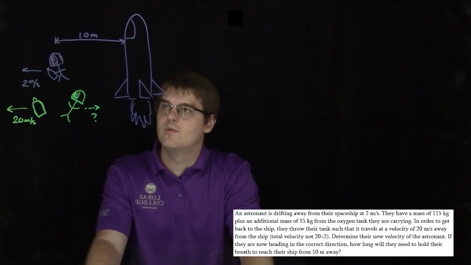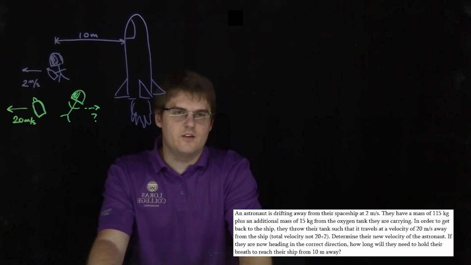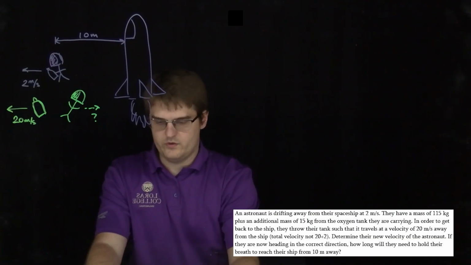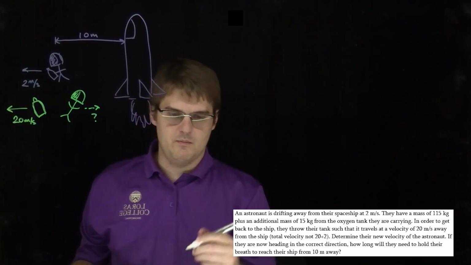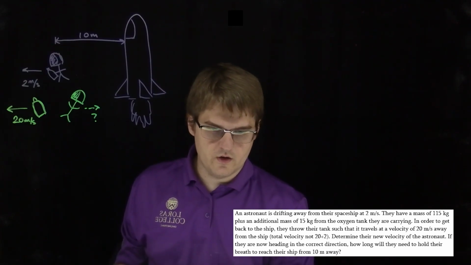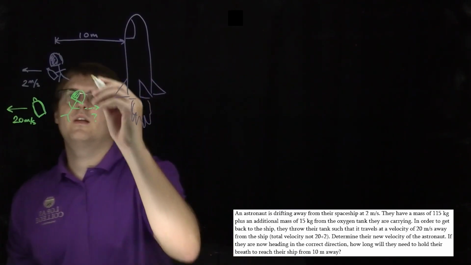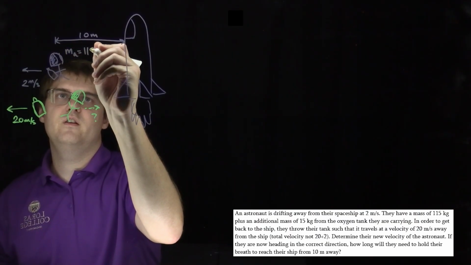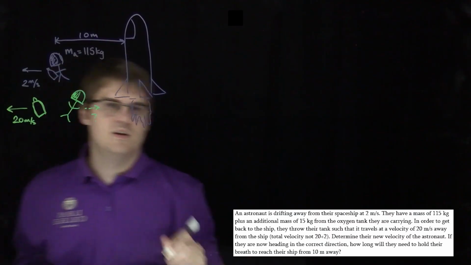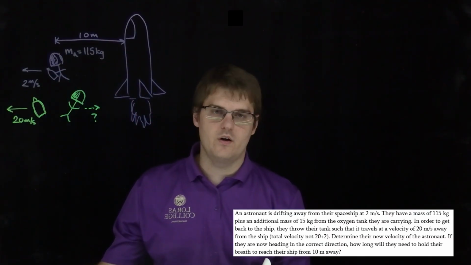save his own life. So this is an explosion problem, because we start with two things together, and we have the mass of the astronaut, and we say that mass of the astronaut is 115 kilograms, including that giant suit he's wearing.